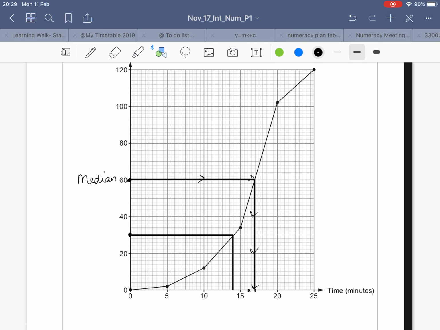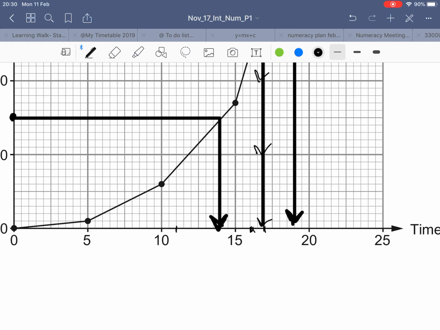Halfway between 60 and 120, which is 90, go across and go down. So this time my lower quartile and my upper quartile, also taken from the graph.